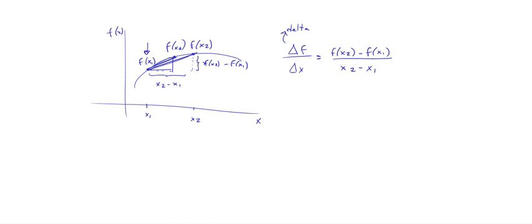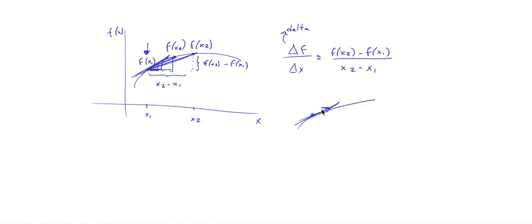And in order to do that, we want to get closer and closer to it, so that we get the true tangent of this curve, the slope of change at that particular point.